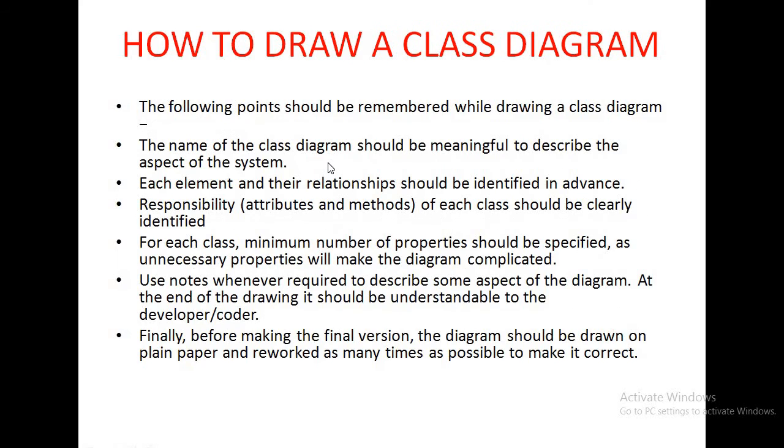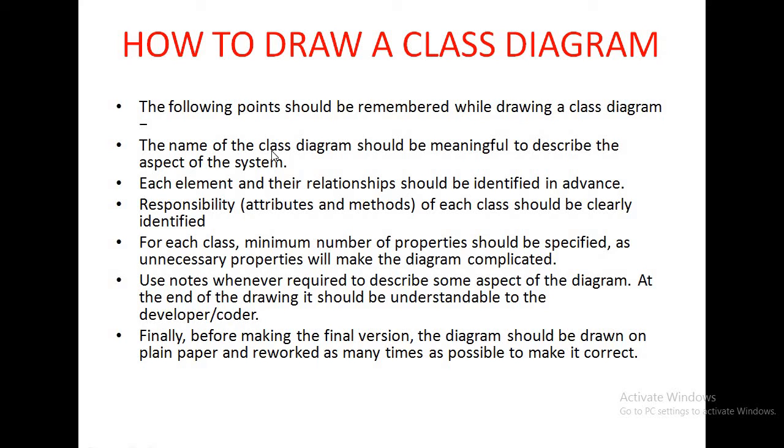So what is written here? How to draw a class diagram? The name of the class diagram should be meaningful to describe the aspect of the system. We already know in C++, the name of the class should be meaningful. Customer class, order class, must be meaningful.